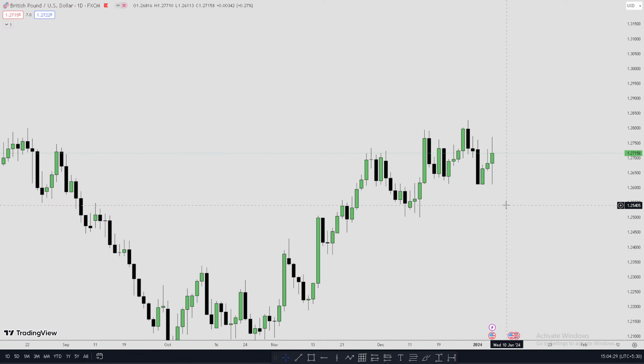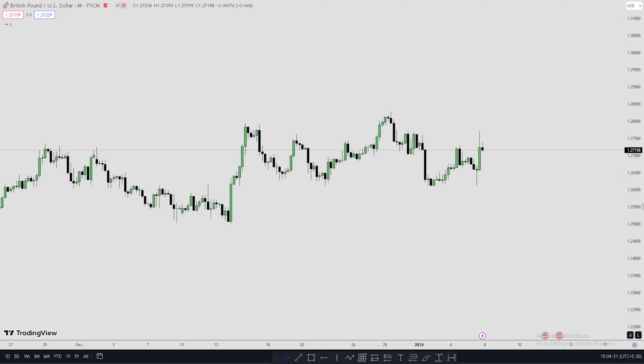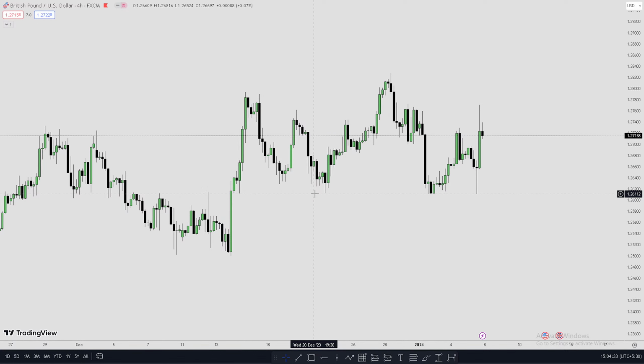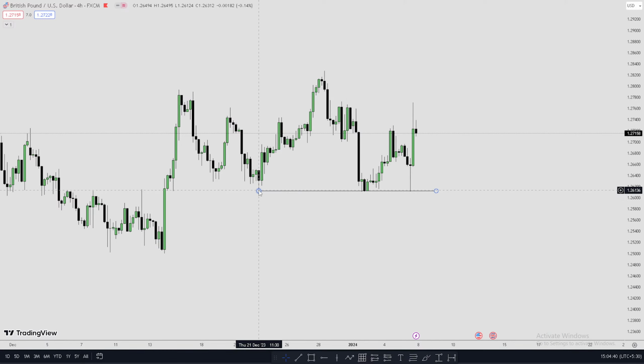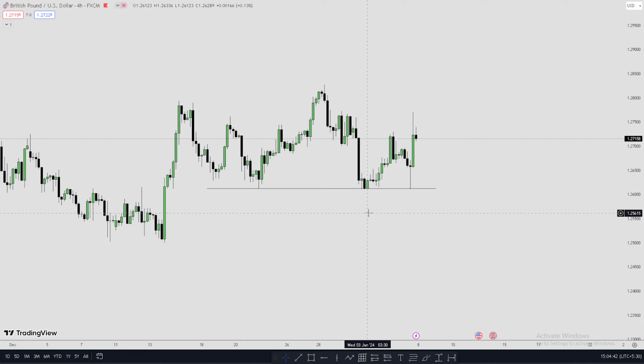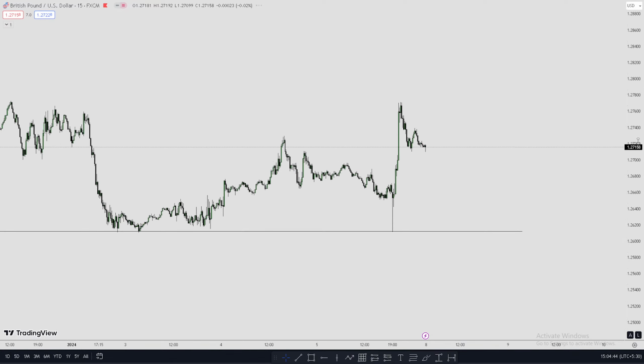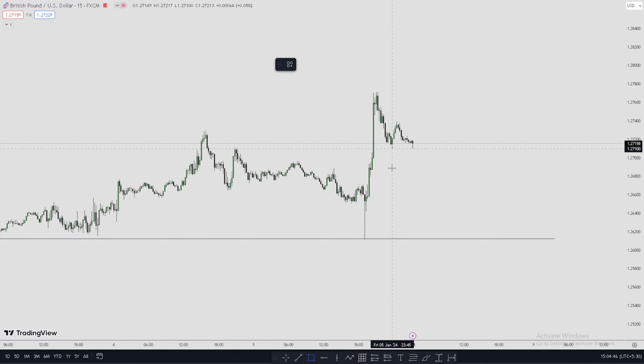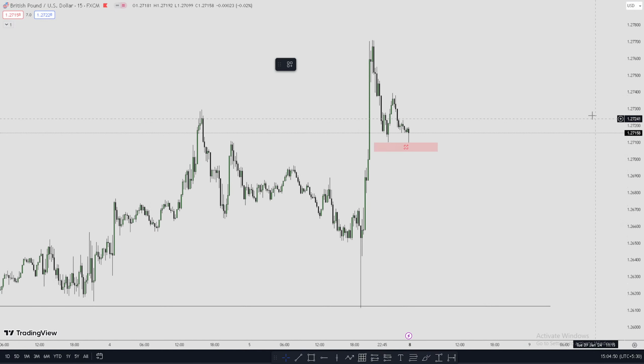On a 4-hour time frame, we see this as a very strong point to approach. A lot of liquidity has been built around here. This price will break like hell. So I definitely need to catch on to this with a break of structure around here. This is a very clean area.